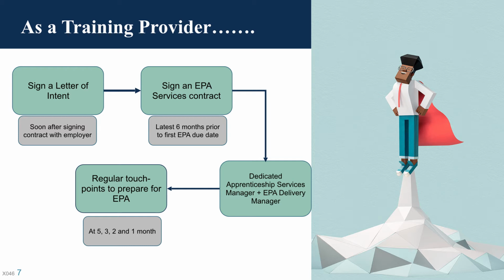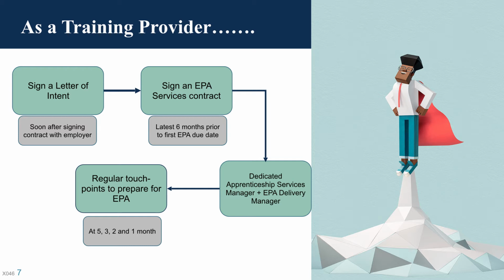Ideally, we would advise that this EPA Services contract is signed at the very latest 6 months before your first date of EPA is due. So not the exact date of the endpoint assessment, but an approximate date.